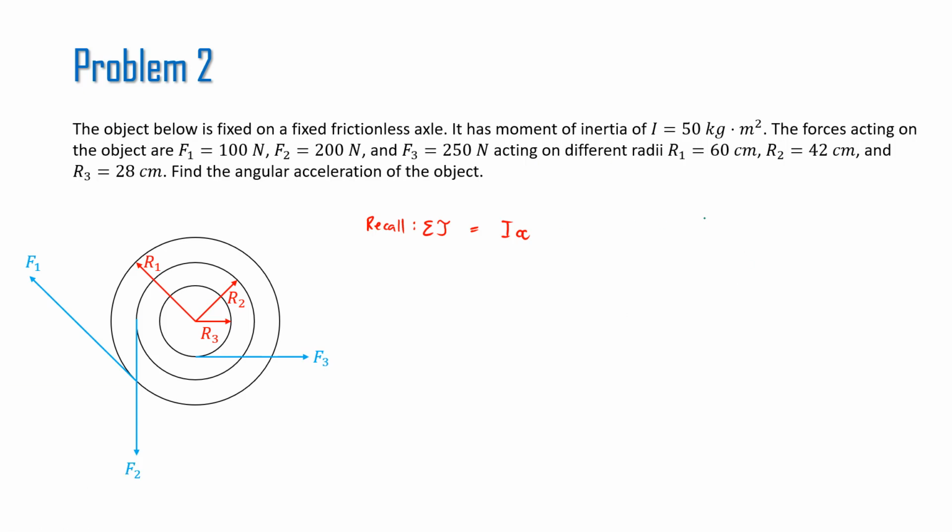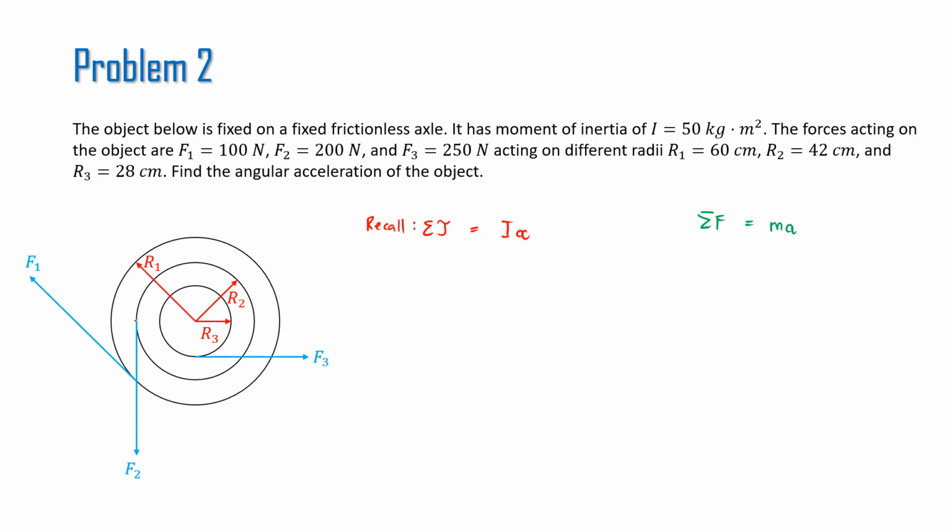Newton's second law of motion states that the summation of forces is equal to mass times acceleration. This is for linear motion, so this is the rotational analog of Newton's second law of motion. We have the summation of torques equal to the moment of inertia multiplied by the angular acceleration.